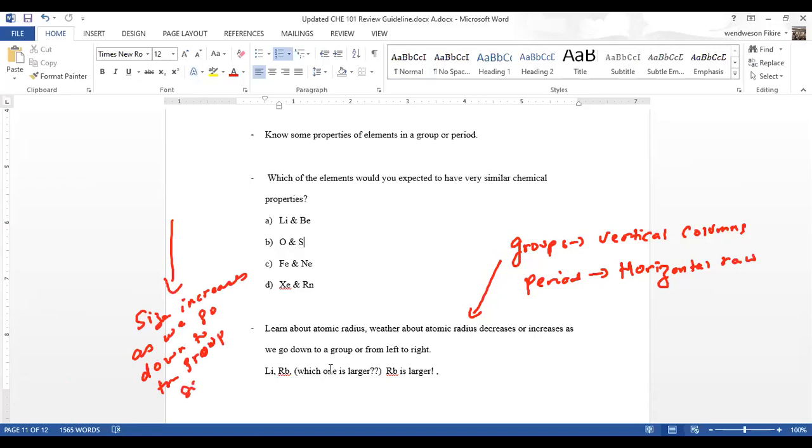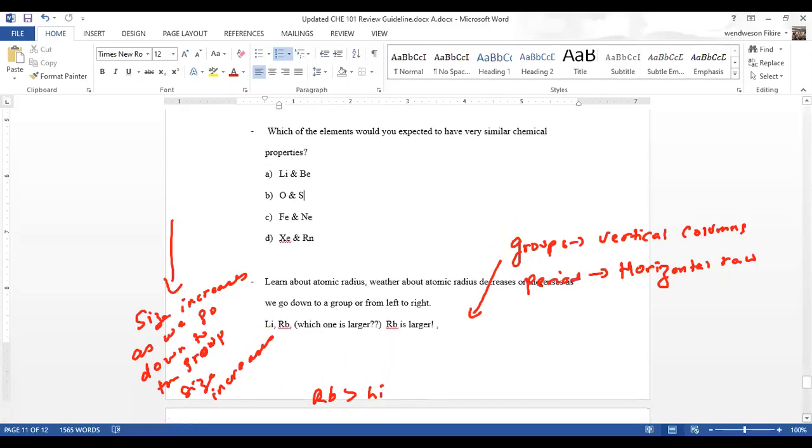So rubidium is larger than lithium because, if you look on the periodic table, it's on the bottom. As you go from left to right, the size shrinks, the size decreases. This is something you answer by looking at the periodic table.